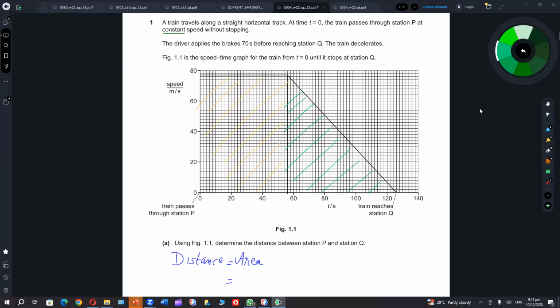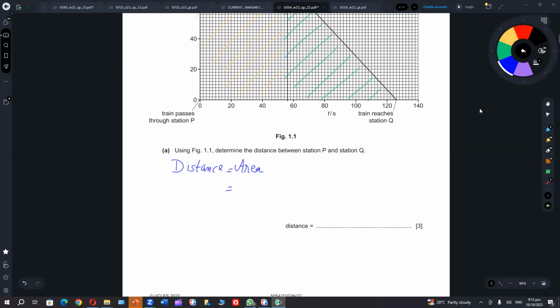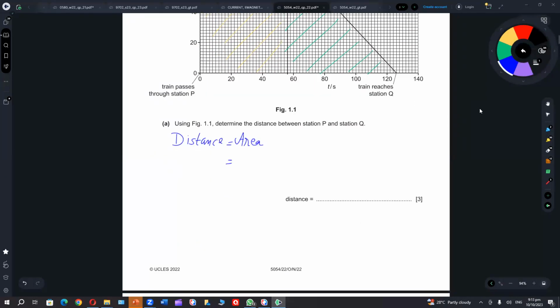So you have two options: either rectangle plus triangle, or trapezium.